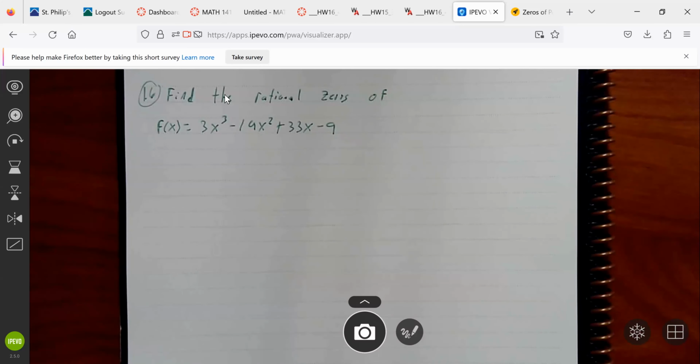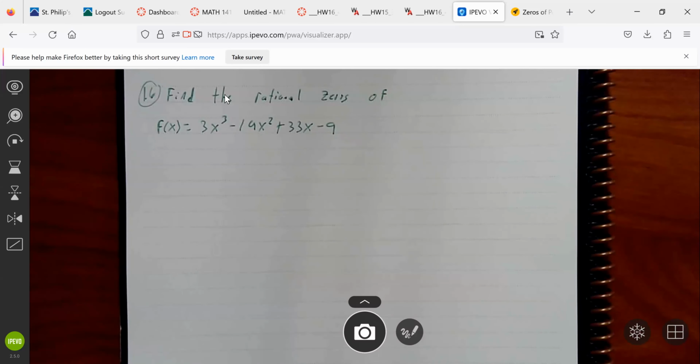All right, so possible zeros. It's going to be plus or minus 1, plus or minus 3, plus or minus 9 over plus or minus 1, plus or minus 3, which is going to be, possibilities will be 1 over 1, 1 over 3. I don't have space here.